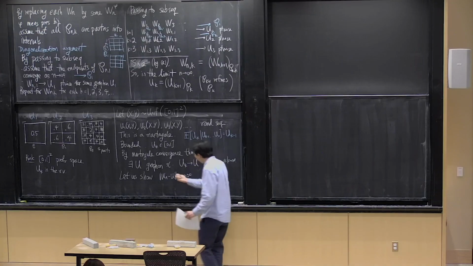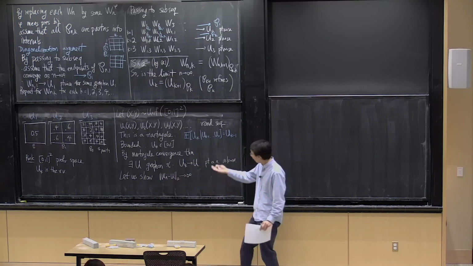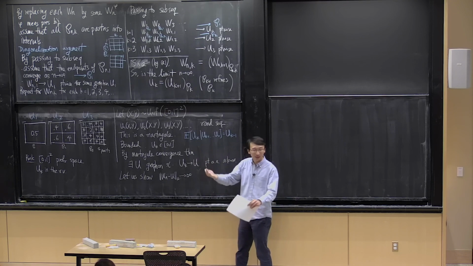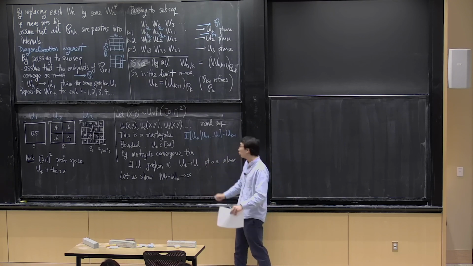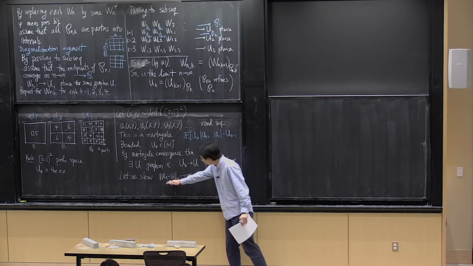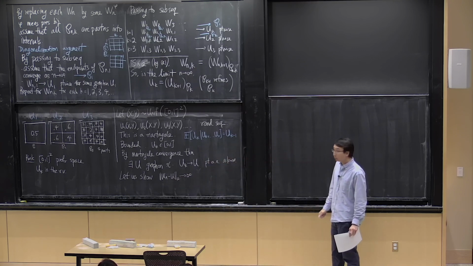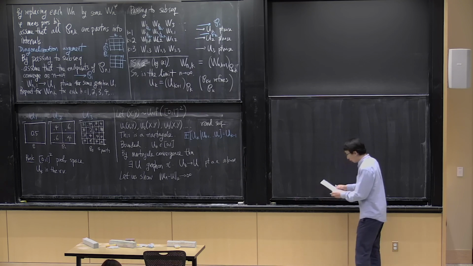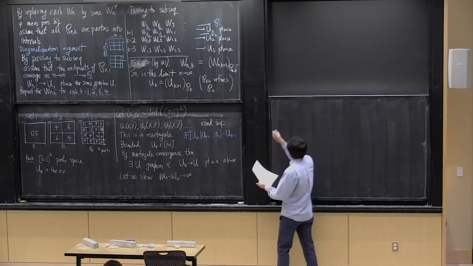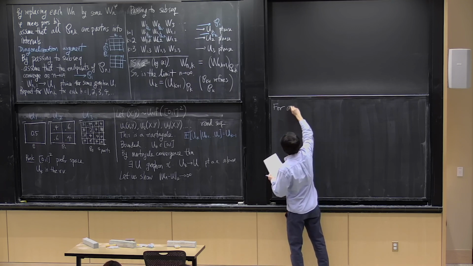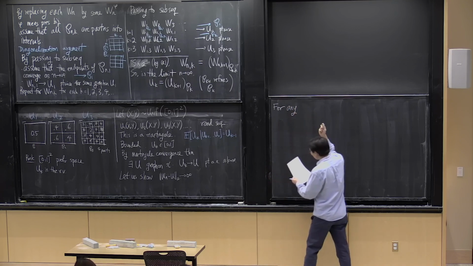In the subsequence, where I've tossed out all the terms which we removed in passing to subsequences, I want to show that the W_n's indeed converge to U. And this is a fairly straightforward 3-epsilons argument, the standard analysis-type argument. But okay, let's carry it through.